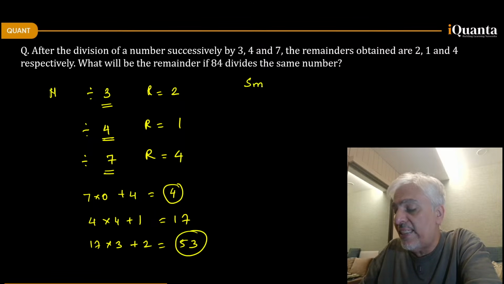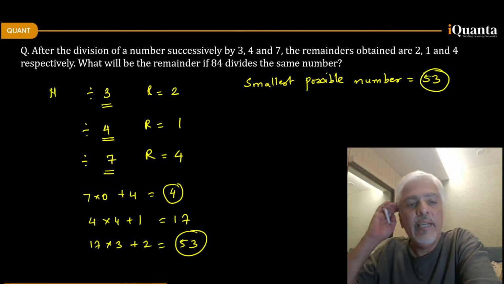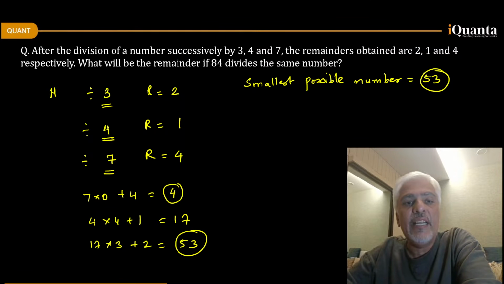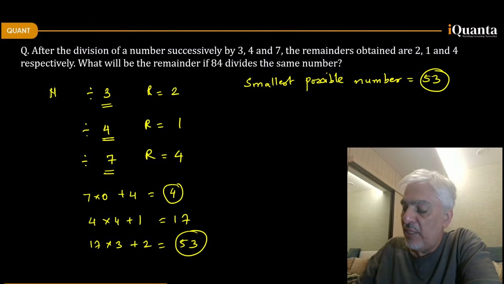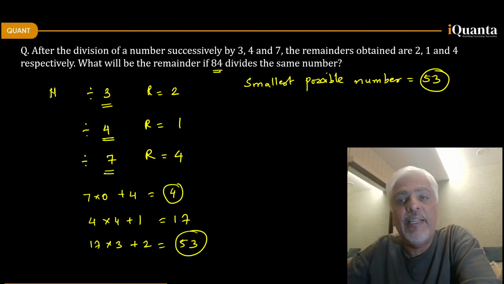So the smallest possible number is 53. And if I divide 53 by 84, my remainder will be 53. That's your answer.